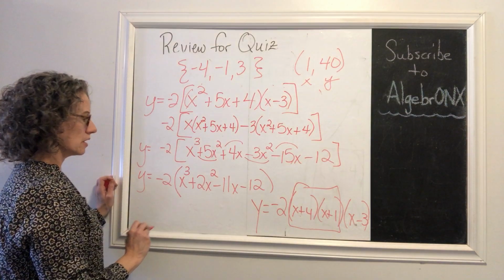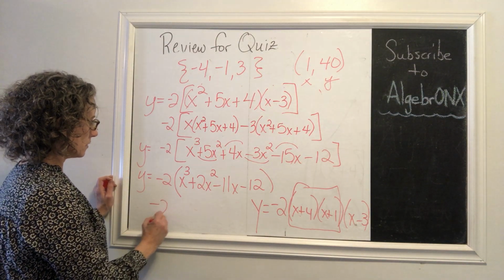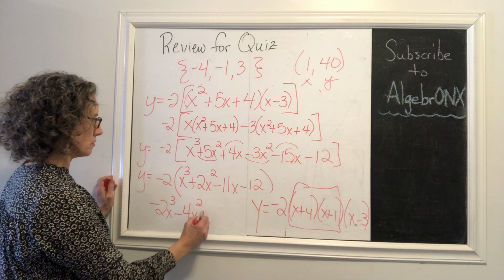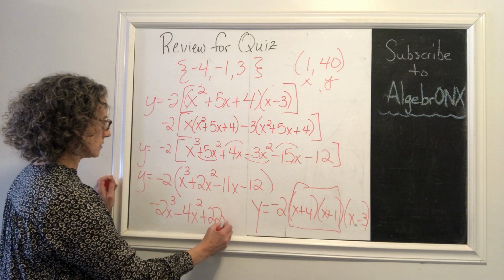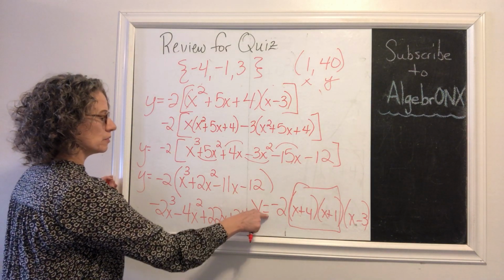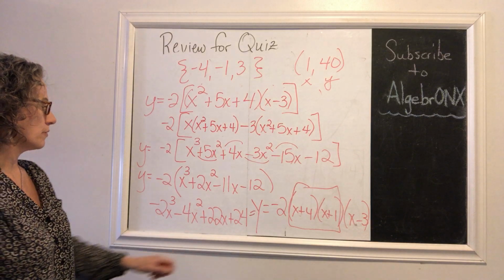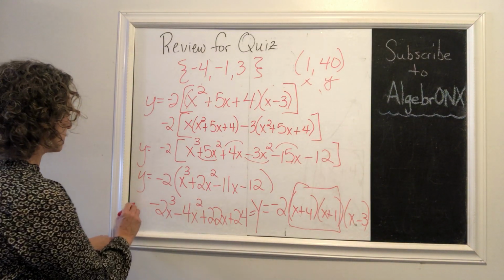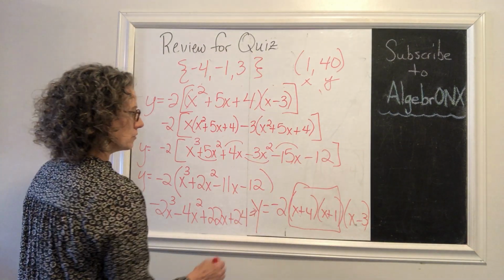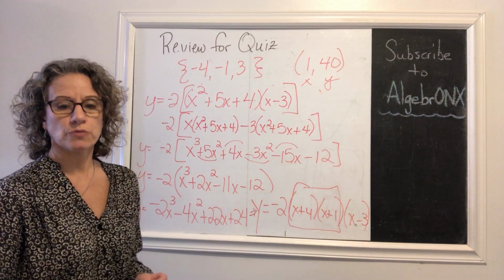Now bring in the -2: -2x cubed minus 4x squared plus 22x plus 24. That equals y, which equals the original factored form. This is in standard form, and the other one is in factored form.